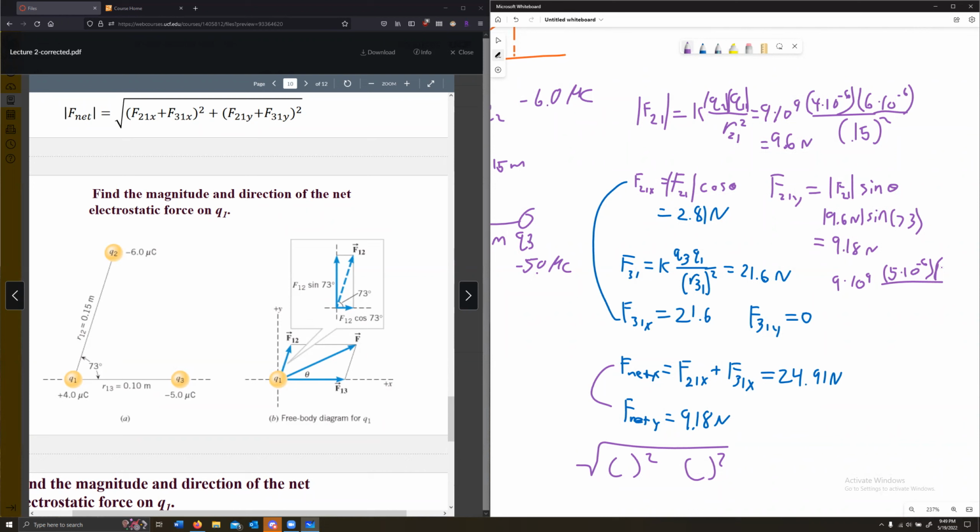You can just multiply the numbers together and then do the exponents. That's what I do. I'm just writing it out because I'm a very visual person. Times 0.1 squared. So with that, 9 times 10 to the 9th, times the fraction. Wait, shoot.